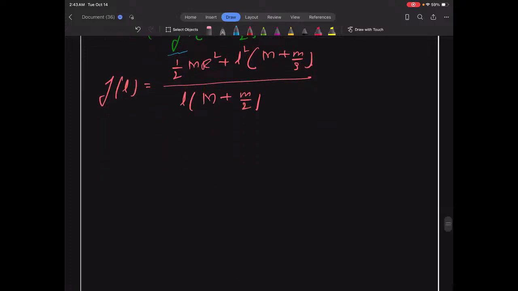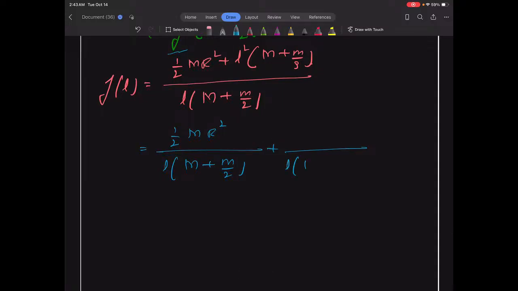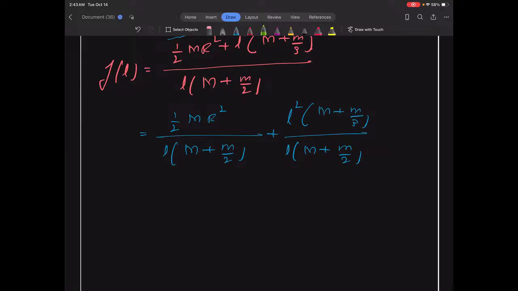Let us separate them. So we get this as half M R square divided by L, M plus m by 2, plus L square, M plus m by 3 divided by L, M plus m by 2, and this L square goes with L, so it is now quite easy to differentiate.